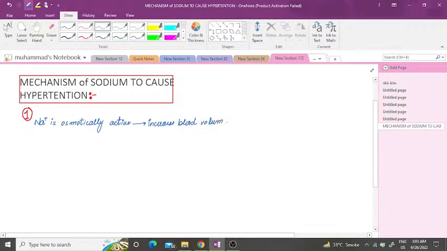So when blood volume is increased, indirectly the total peripheral resistance will be increased. When total peripheral resistance is increased, that will lead to hypertension.